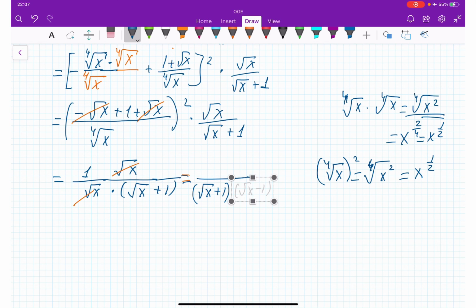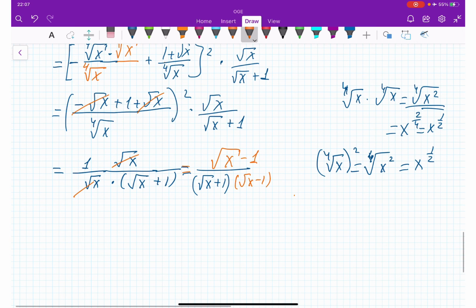Which means here also I will have square root of x minus 1. And the result is square root of x minus 1.